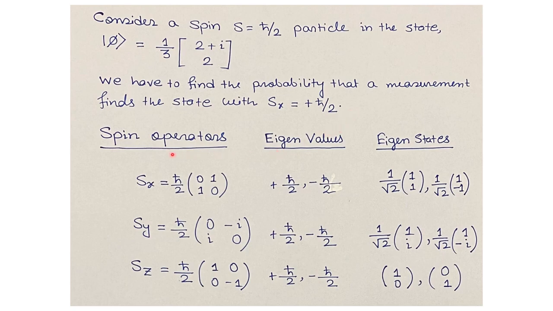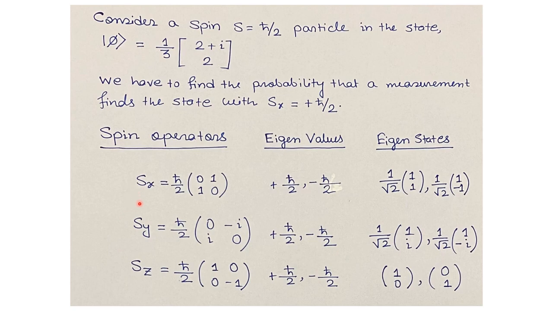Now we know the spin angular momentum of a particle has three components: Sx, Sy and Sz. These components are known as spin operators for the particle state. These operators can be represented as 2 cross 2 matrices for a spin-half particle.